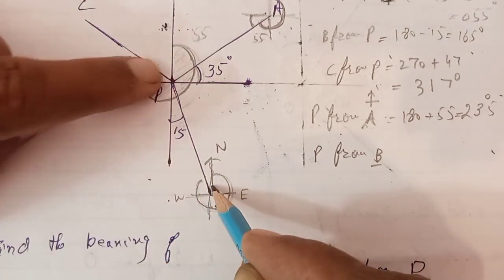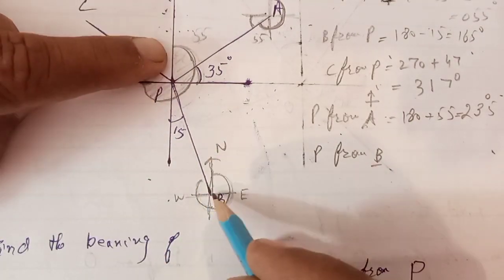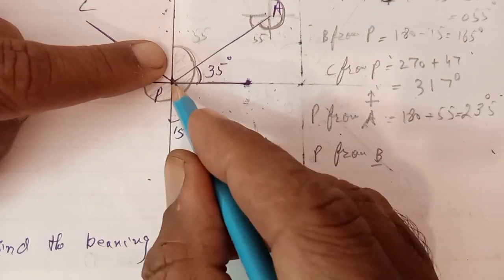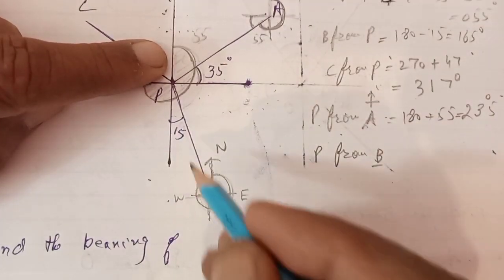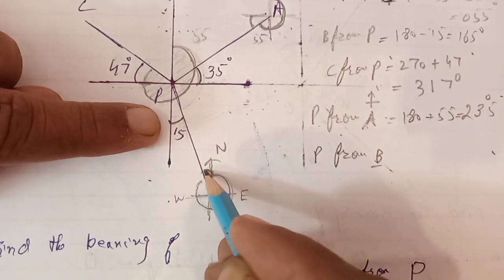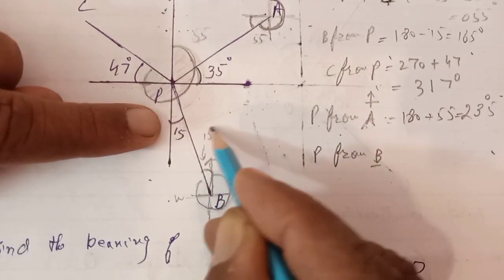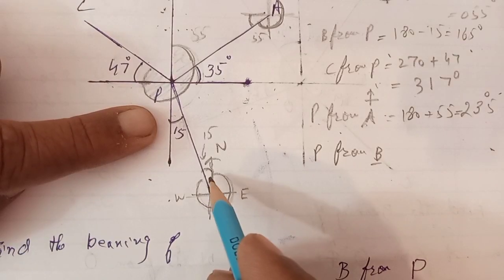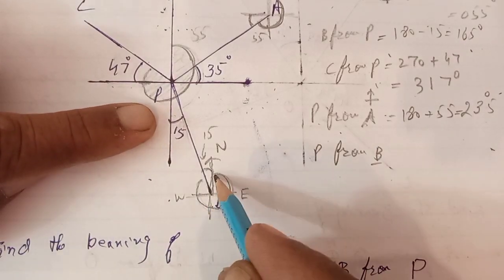This is the north pole, and this is the north pole at P. Both are parallel, and this is the line which joins these two north poles. This angle is 15, and its alternate angle is this one, so it is also 15. This is 15. So what is the bearing of P from B?